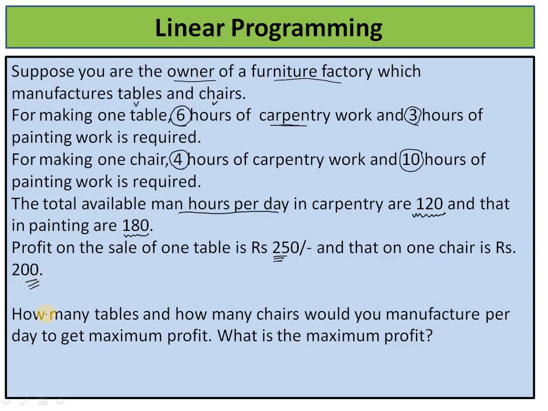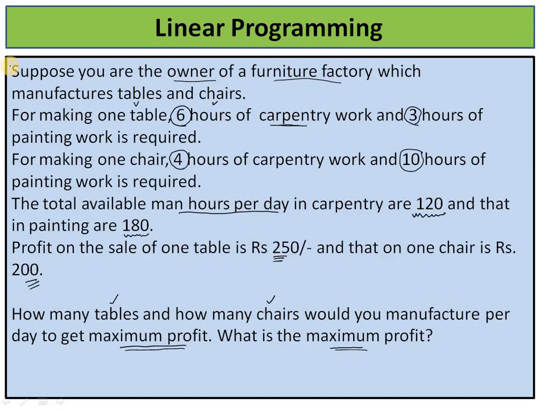So we have to decide how many tables and how many chairs we have to make so that we get maximum profit. And we have to also find out, if we manufacture those, what will be the maximum profit. Understood children? So first we have to formulate this problem.